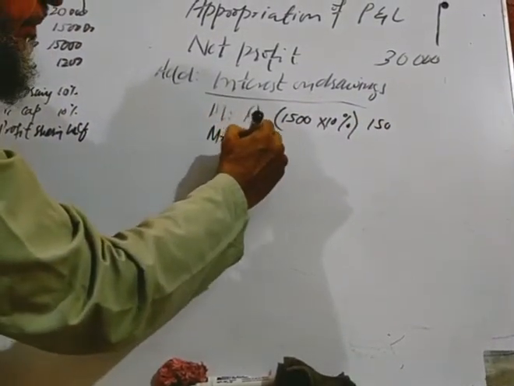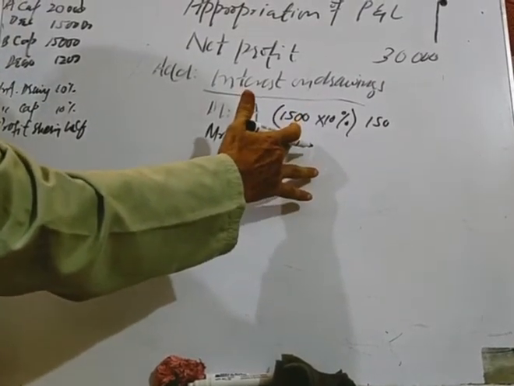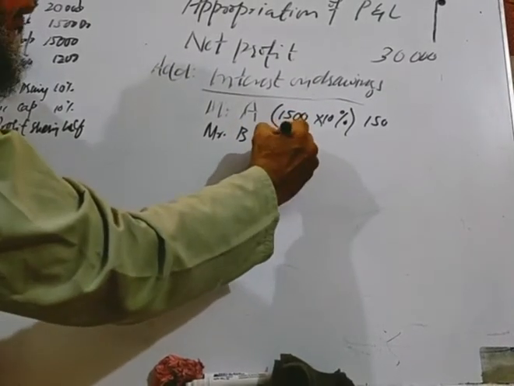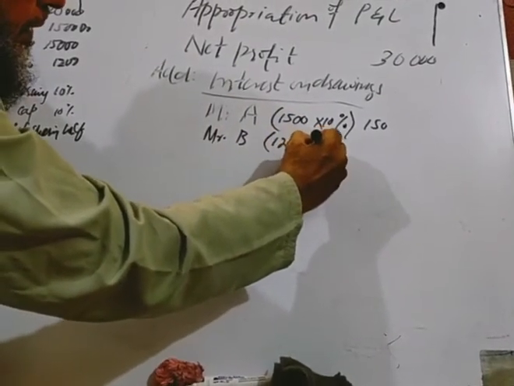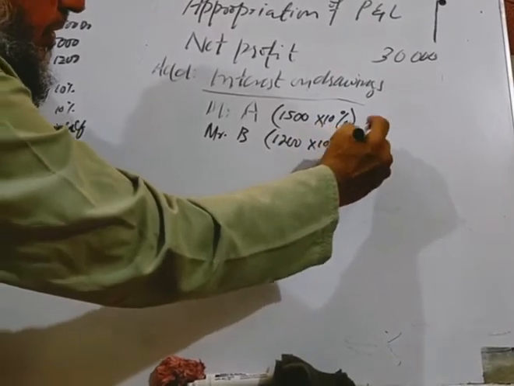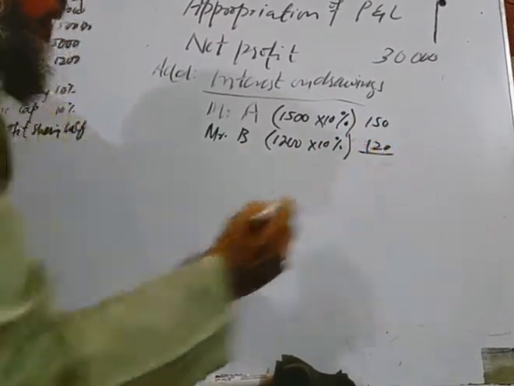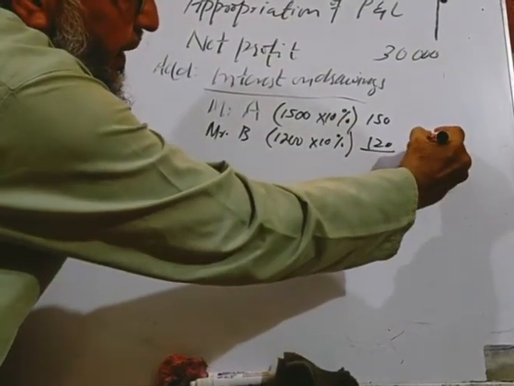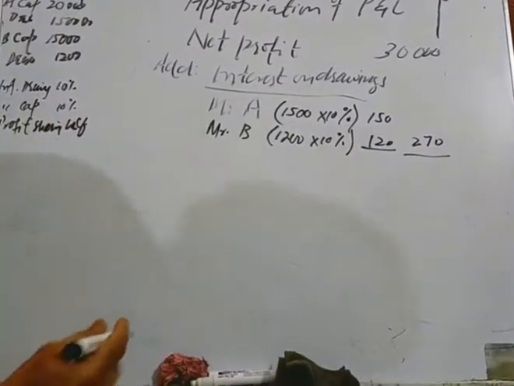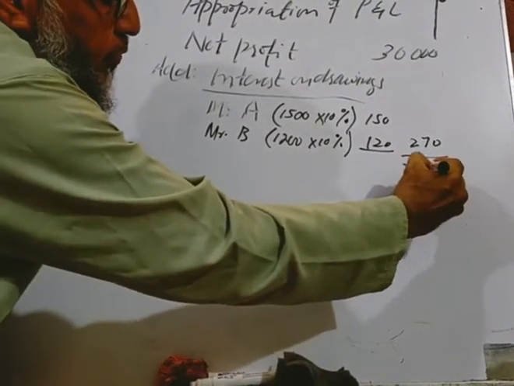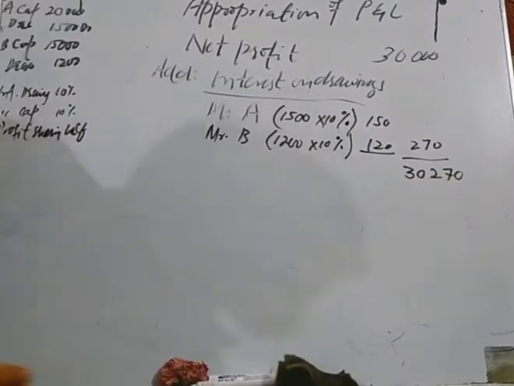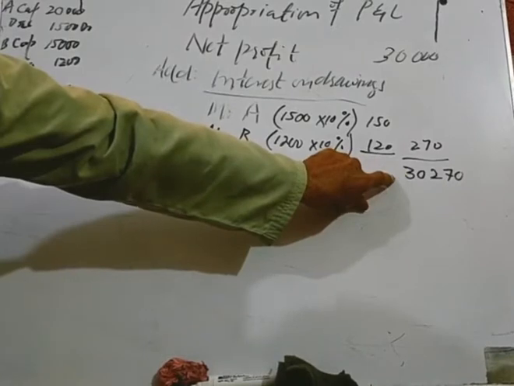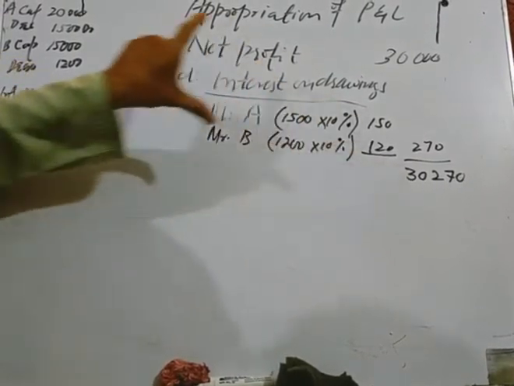Mr. B's drawings were 1200 and again 10% was 120. So altogether 270 are added in the net profit. So now it is 30,270. This figure is appropriated according to the agreement.